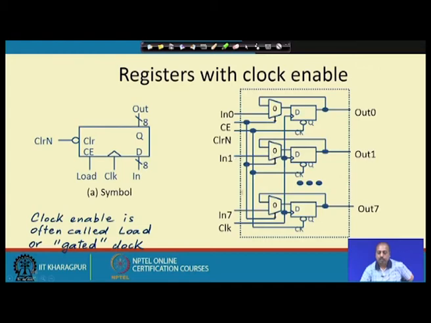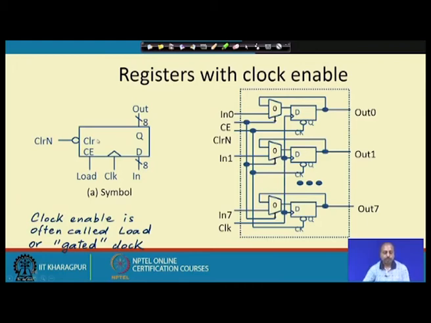So, this way, apart from the clock and everything, we can have another control, which is the load control. This load control will tell when the value should be loaded into the register when the next clock comes. If the load is low, even if the clock signal is there, the value is not loaded. And there is a clear, of course: if the clear line is 0, then the register will be cleared.